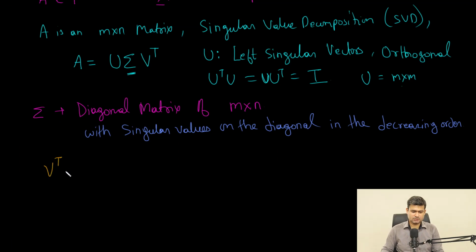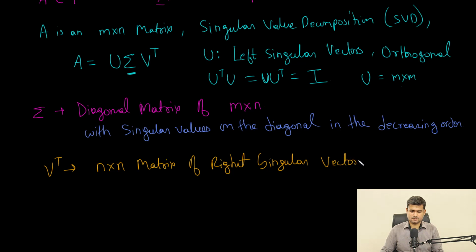So V transpose is an n cross n matrix of right singular vectors.